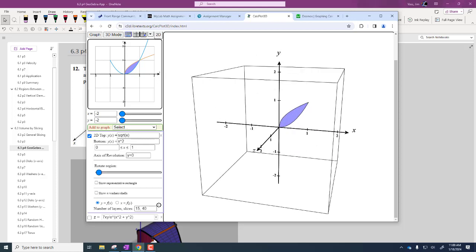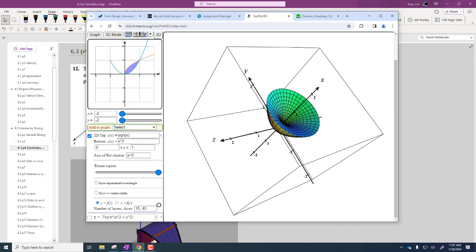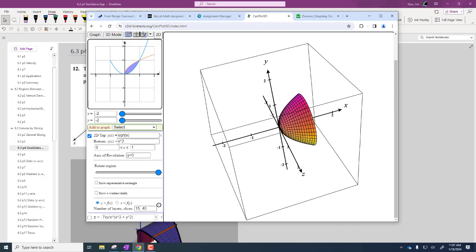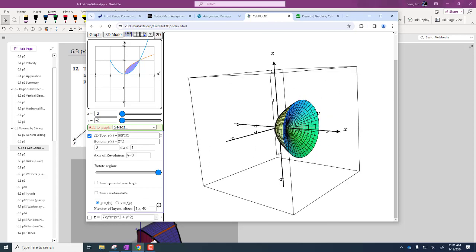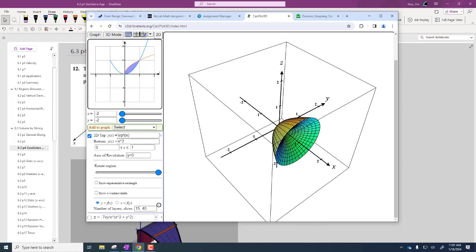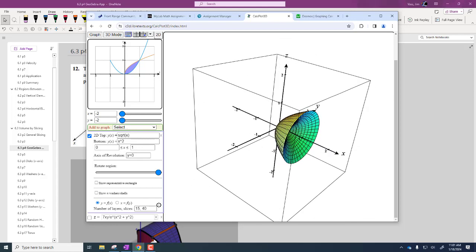There's our region, and we're going to rotate that, and it's going to show us what that solid object is going to look like. You can do all this kind of cool stuff, and hit home if you want to reset it. There are some keyboard commands to rotate just on the X and Z axis, and I'm forgetting what they are off the top of my head. But it's a really great app to be aware of as you go into Calc 3. So, CalcPlot 3D.